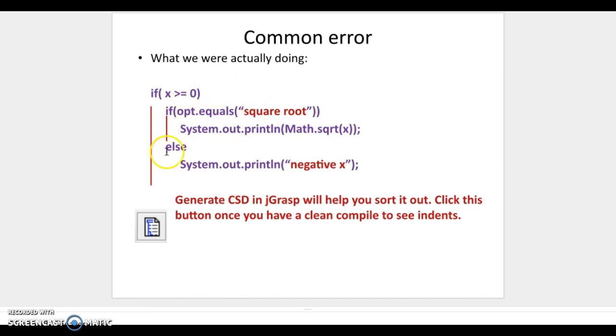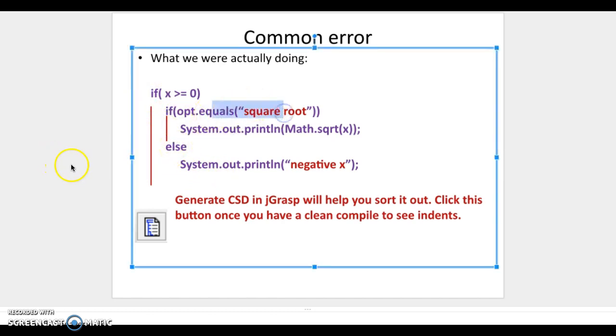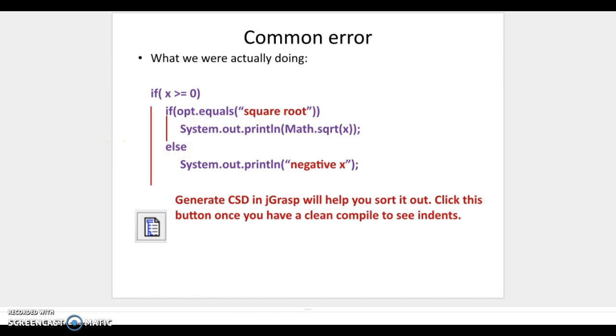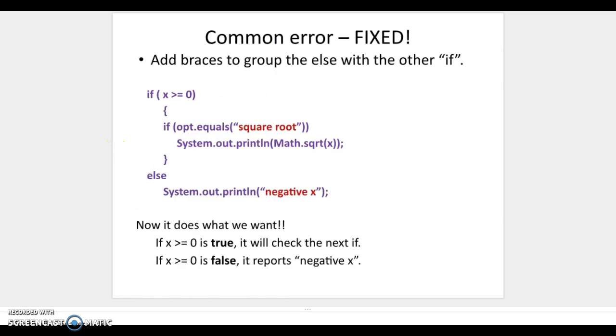But I wanted this else to be if x was less than 0. And you can see that this is actually going to be the else on this path, which is not what I wanted. So we can fix that with braces, but you just have to be really careful when you're nesting ifs inside of other if-elses. You need to be really careful and maybe say out loud what it is you're trying to achieve and what you want.